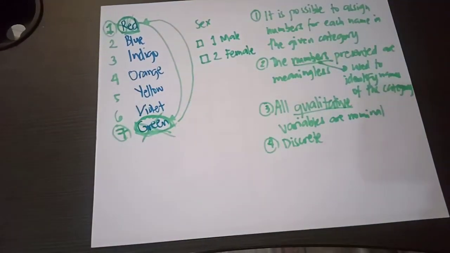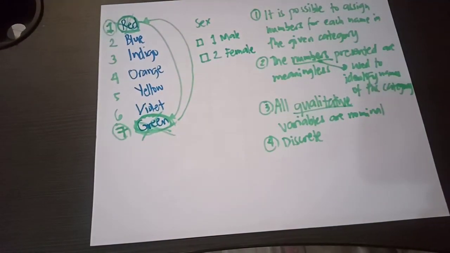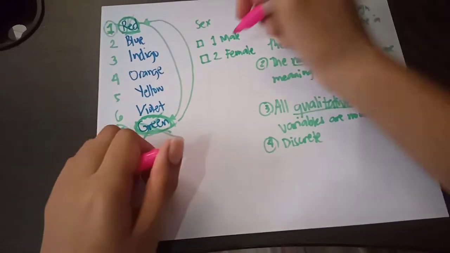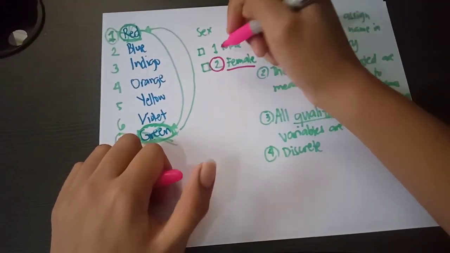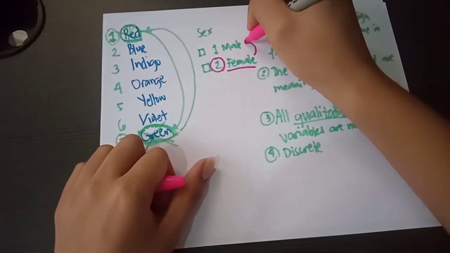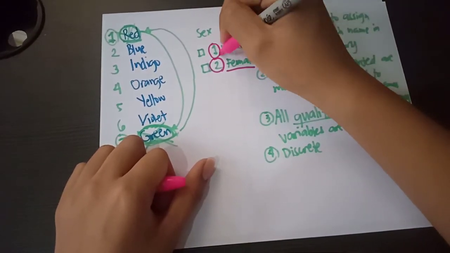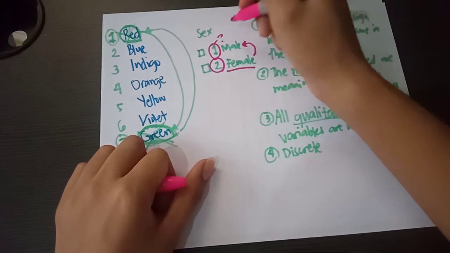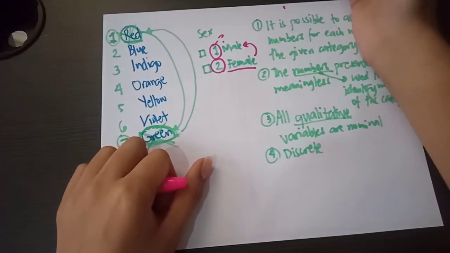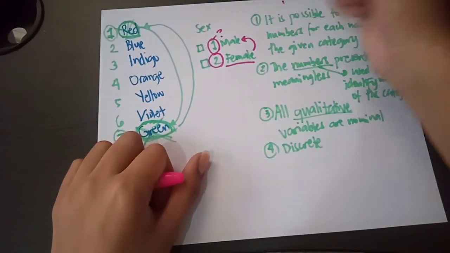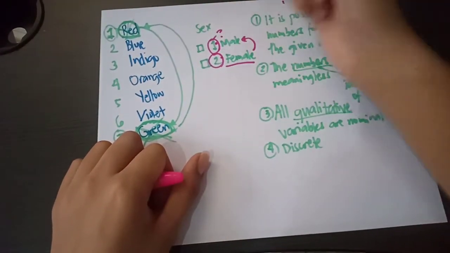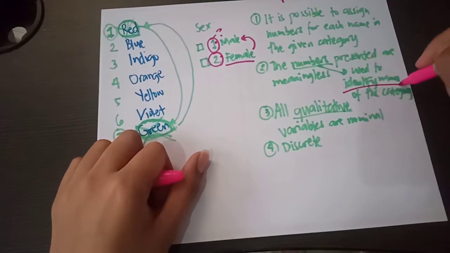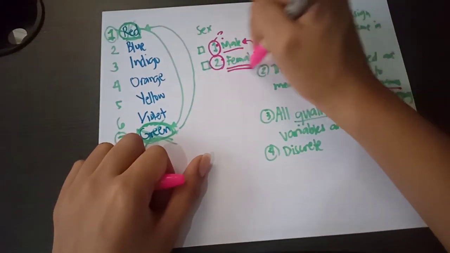Using this example, can we say that female, since it has a value of 2, is more superior than male because it has a lower value of 1? Obviously, no. It is possible for us to assign numbers, yes, but these numbers are meaningless because they are only used to identify the names. And those names are male and female.